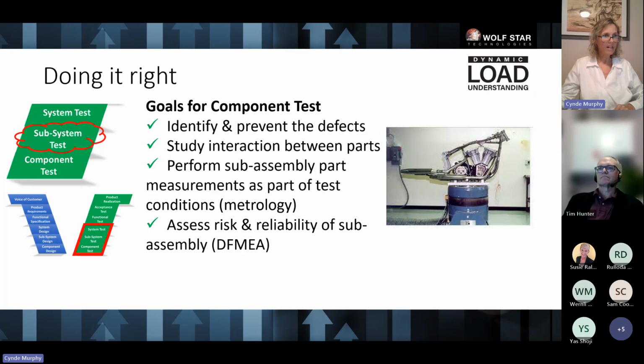Ultimately, the goal of this test is to assess the risk and determine reliability of the subsystem. It is often driven by a DFMEA, design failure mode and effects analysis. This is a process that should be used when establishing design requirements. And ultimately, it should be done before the project starts.